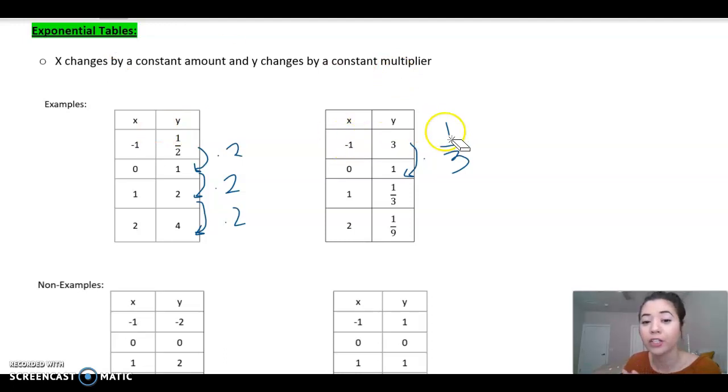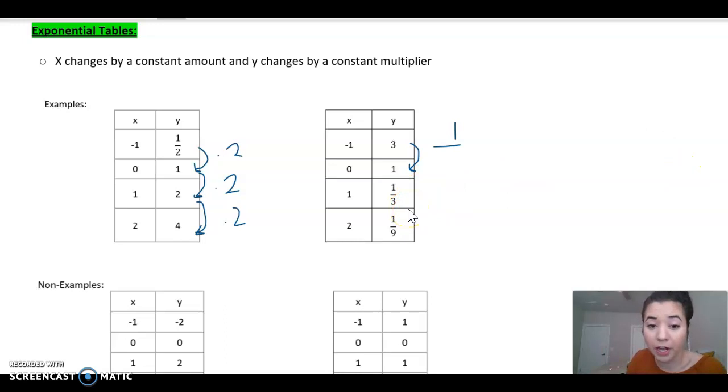A way that I like to figure out what my multiplier is, especially if I notice my numbers decreasing. Well, number one, as you go down your y's, if your y values are getting smaller, you have to be multiplying by something less than 1. So we know it has to be a fraction. But now it comes to figuring out what number has to go on the bottom.